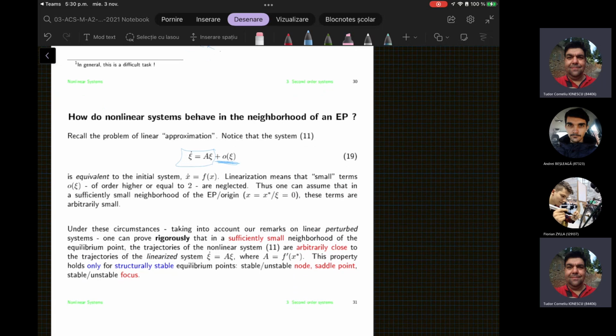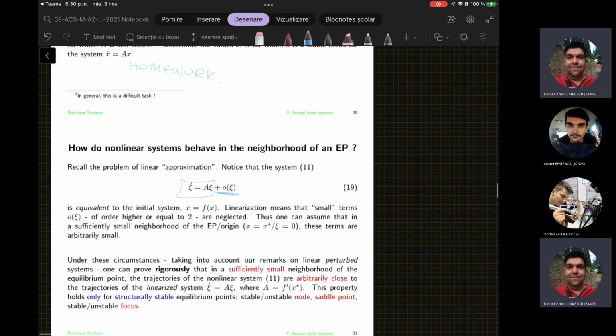So under these circumstances, taking into account the remarks about the linear perturbed system, one can prove rigorously, it's very interesting, that in a sufficiently small neighborhood of the equilibrium point, the trajectories of the nonlinear system are arbitrarily close to the trajectory of the linearized guy. So that's why we study the linearized guy, because now you can consider these higher order terms as delta A. They are similar to delta A. That's the explanation for this.